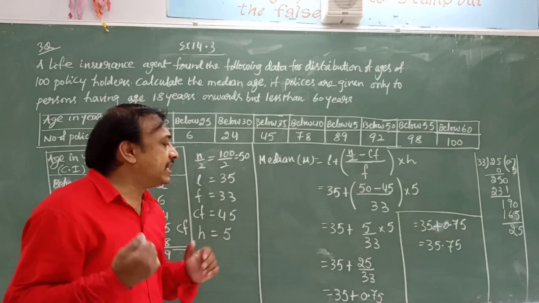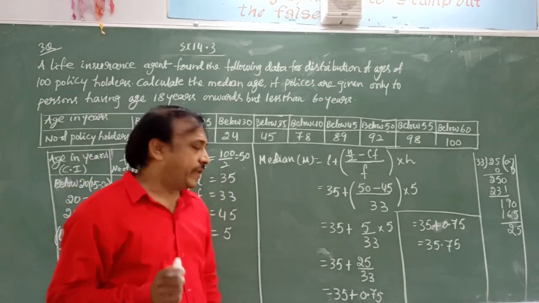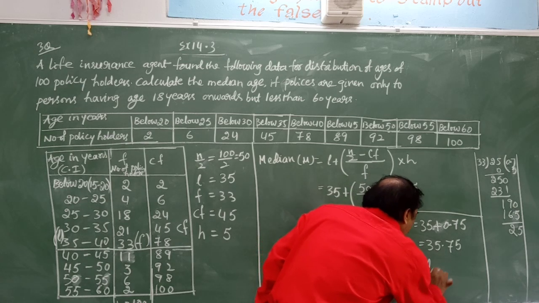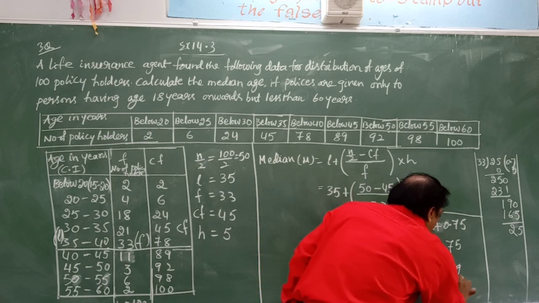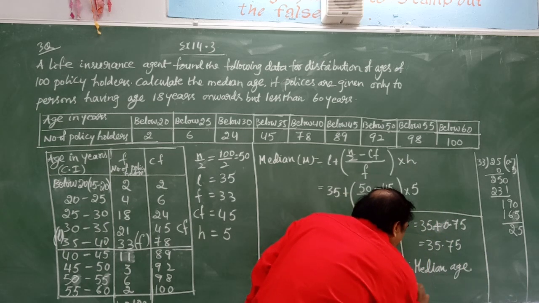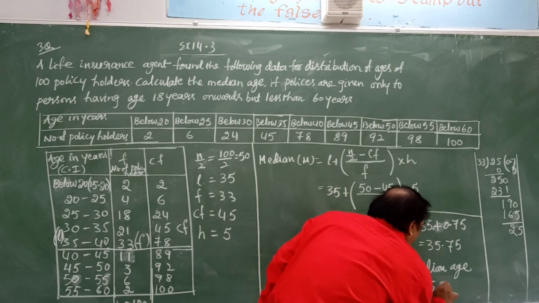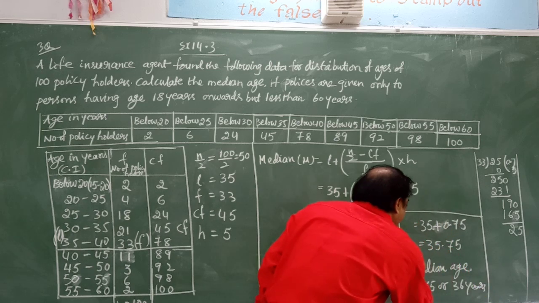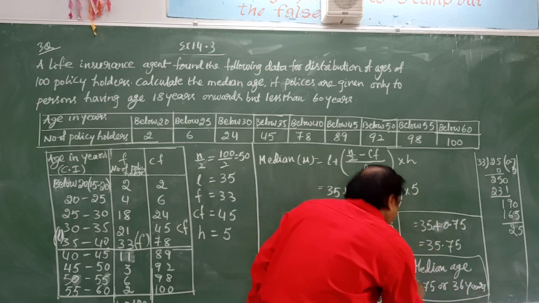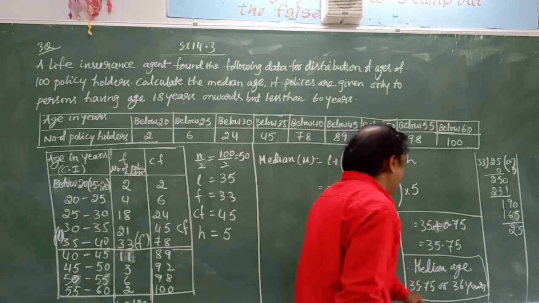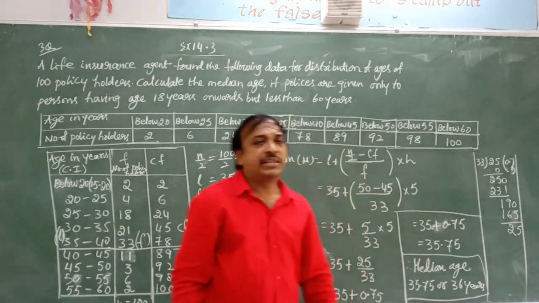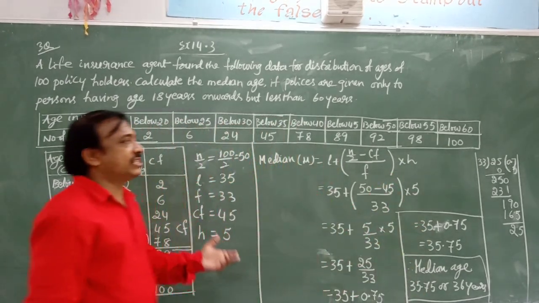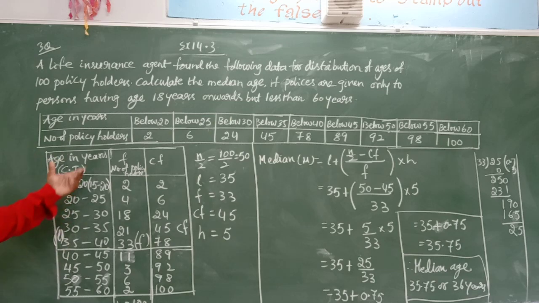So the median age is 35.75 or approximately 36 years. I hope you understood how to calculate the median age for this data.